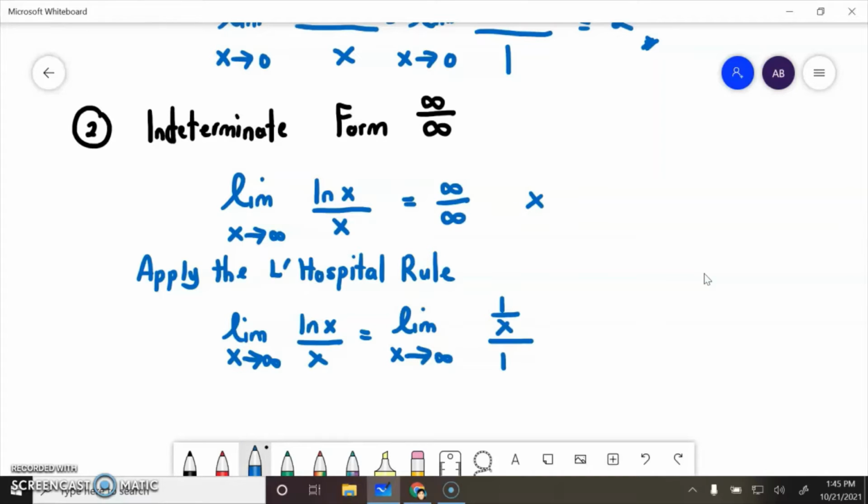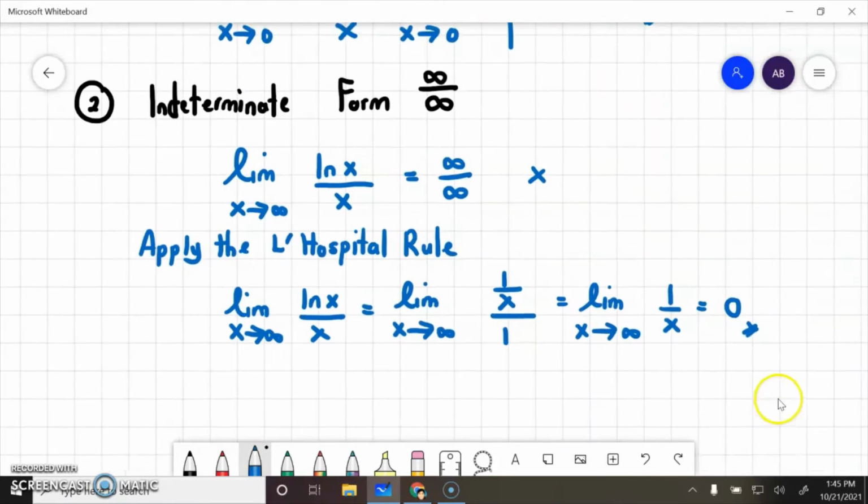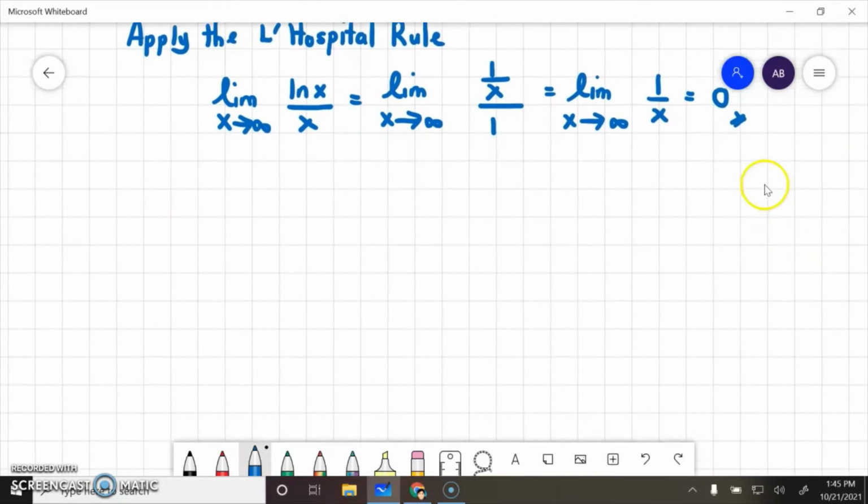So I have limit x approaches infinity of 1 over x. When x approaches infinity, 1 divided by a very large number gives 0. So that's example number 2.